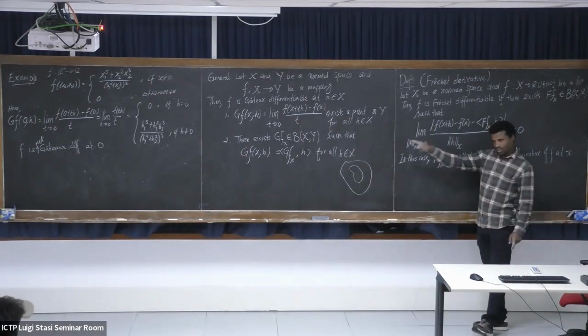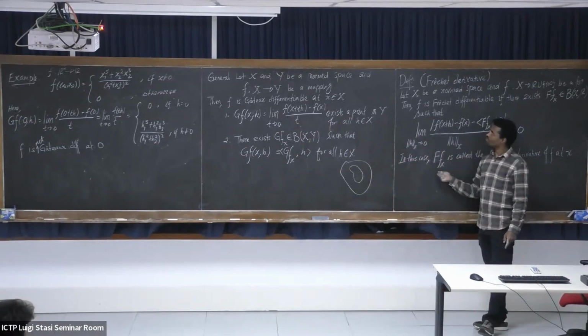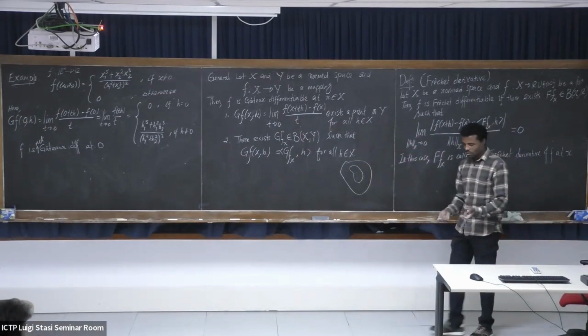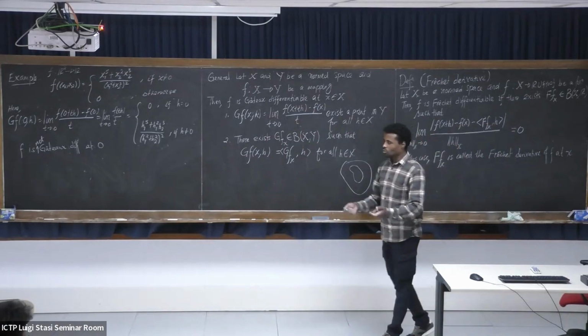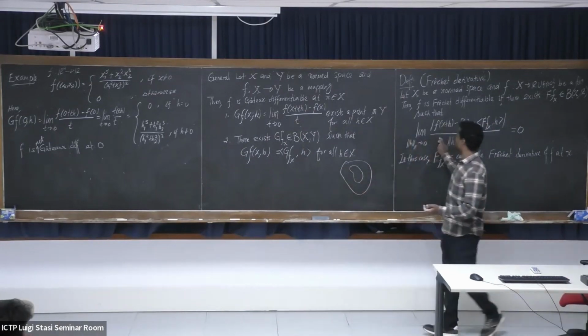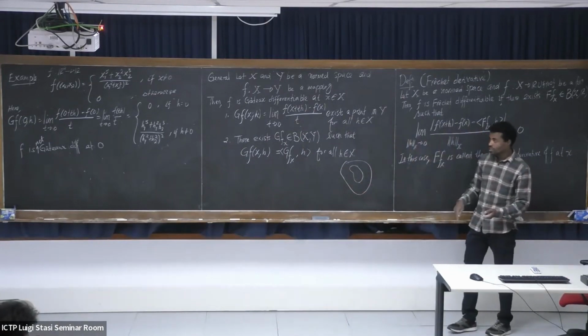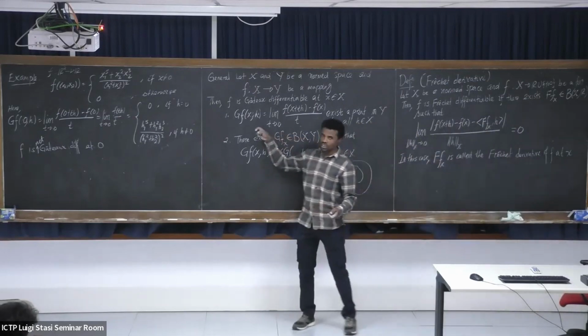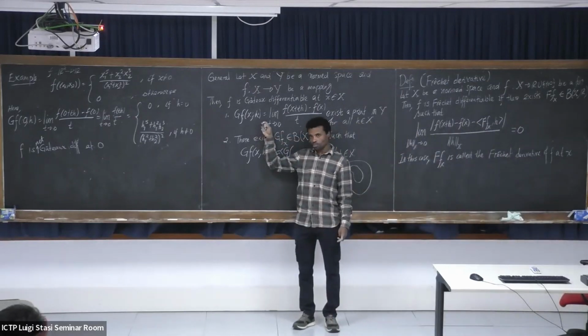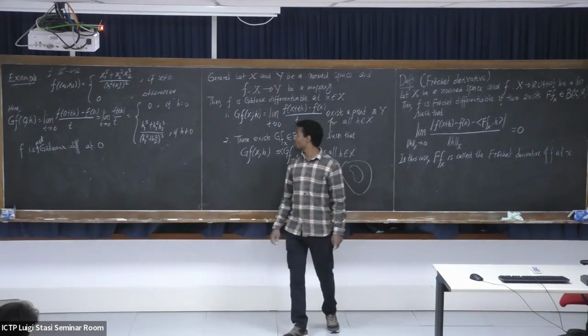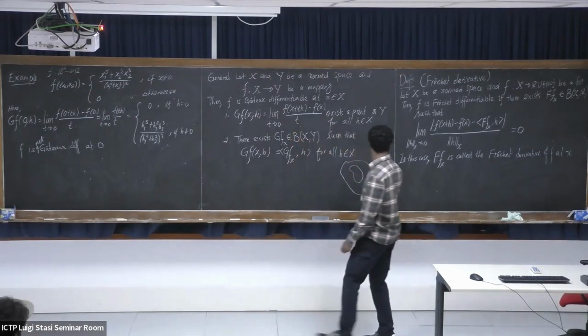If we know that the function is Fréchet differentiable, we don't need to use this condition, because Fréchet differentiability implies Gateaux, so we can compute the Gateaux derivative using this one.